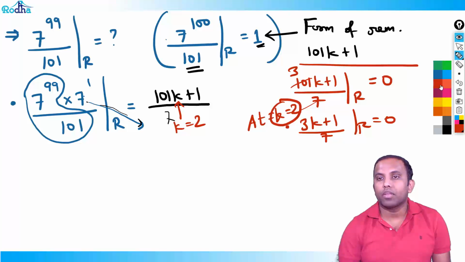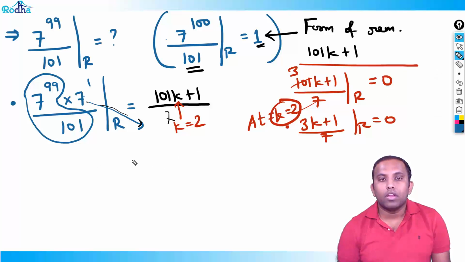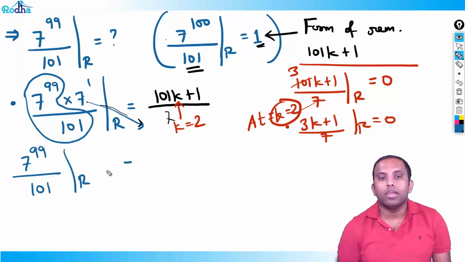So 7 raised to 99 by 101 remainder is equal to 101k plus 1 divided by 7. And at what value of k will this be divisible by 7?